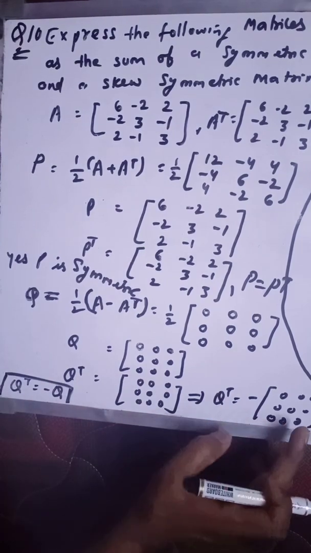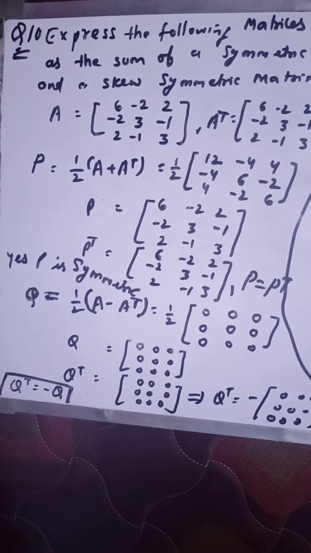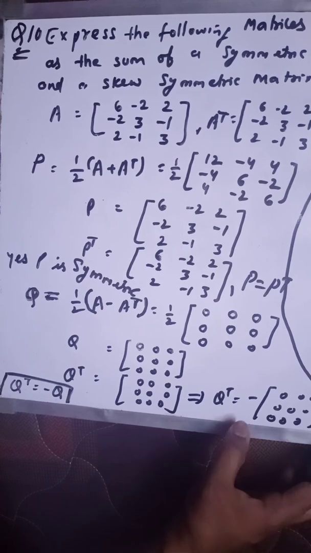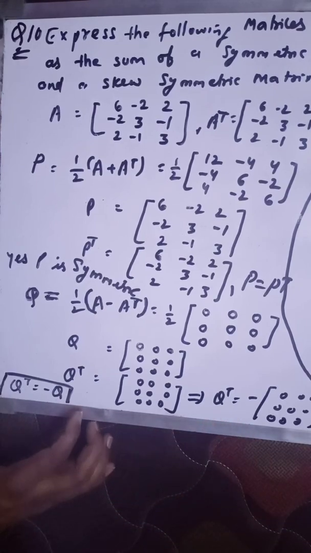If some other matrix comes, then after getting the transpose, you have to take minus as common from the whole matrix. If you do, it will come exactly Q, and this condition will be followed. This is the condition for a skew symmetric matrix.